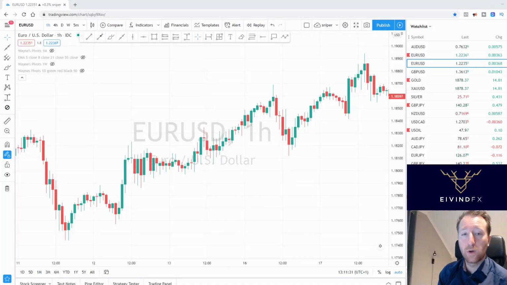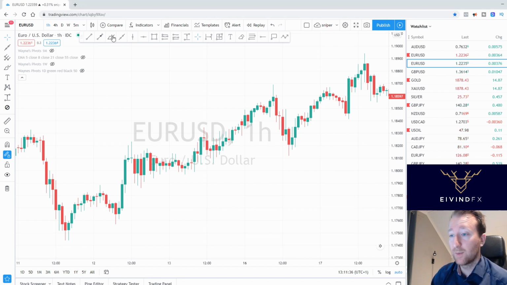The last one is volatile markets. You might not want to be in such a trade, but if you are already in the trade, you're all cool. But if you're thinking of entering, you might need to adjust your stop loss and your lot size. Let's start with the different market conditions.